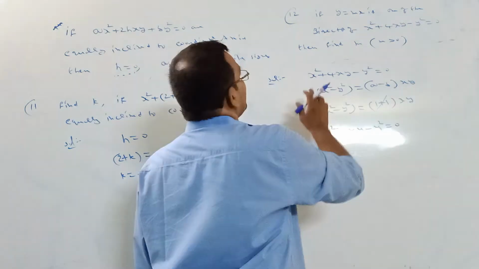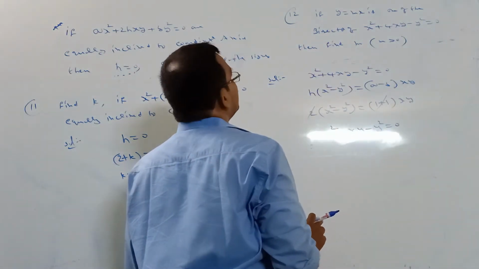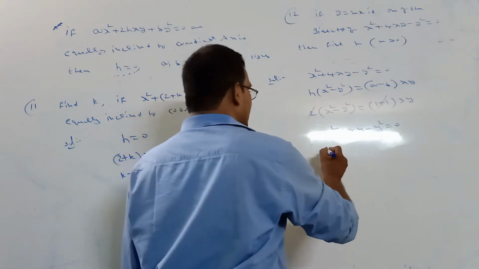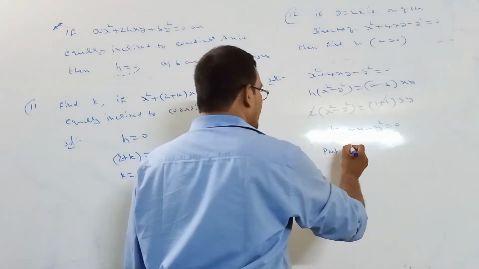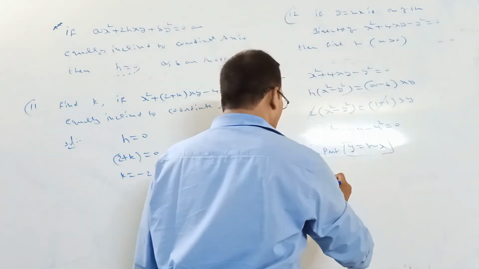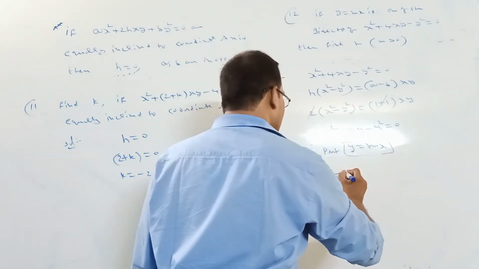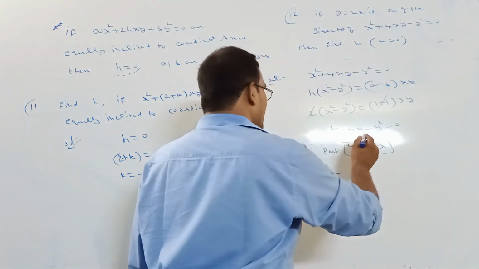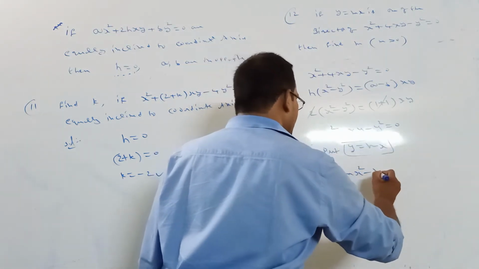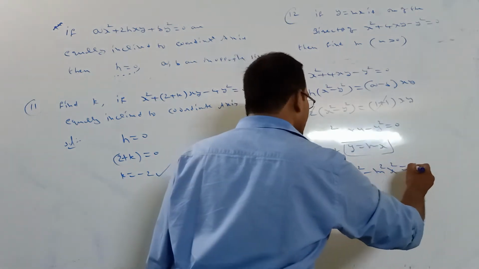So here y equal to mx is one of the bisectors, which means I substitute y equal to mx in this equation. Obviously x square minus x times mx, and y square means minus m square x square, equal to 0.